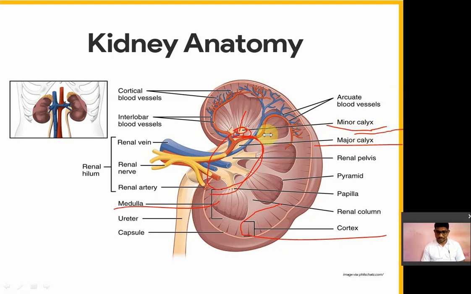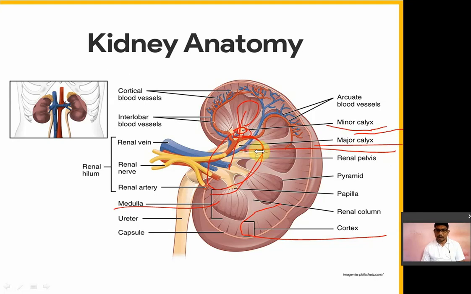Such minor calyces collect the urine formed in the nephrons, and they unite to form a major calyx. They drain into the major calyx.